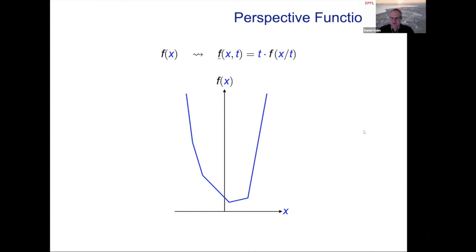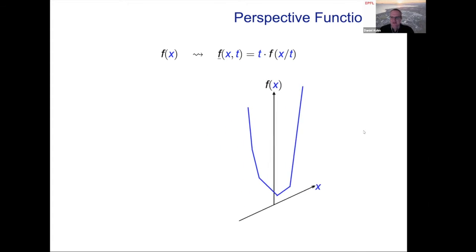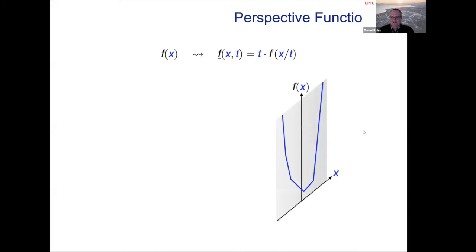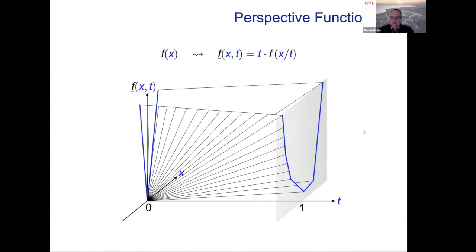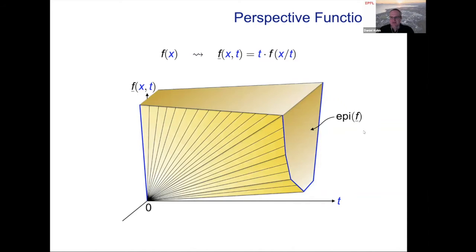To construct its perspective, we first embed f into a vertical plane of a higher dimensional space with a t-axis. Assuming that the original function f resides in the plane corresponding to t equals 1, we can then construct the epigraph of the perspective of f as the cone generated by the epigraph of f. As the cone generated by a convex set is necessarily convex, the perspective function f underline inherits convexity from f.